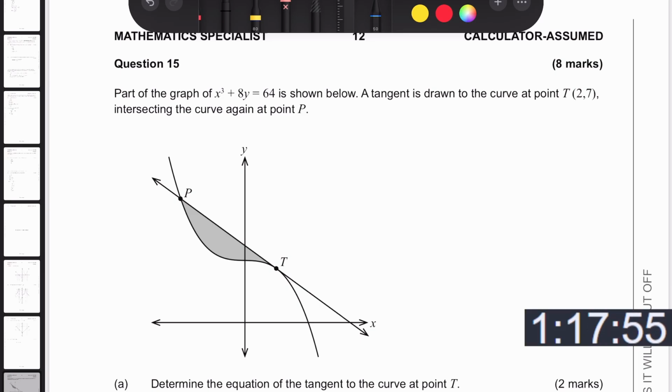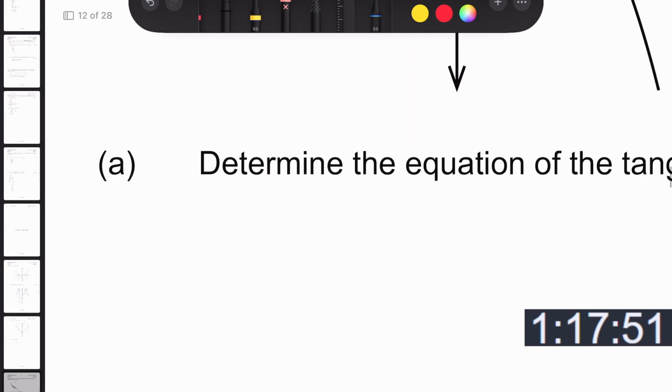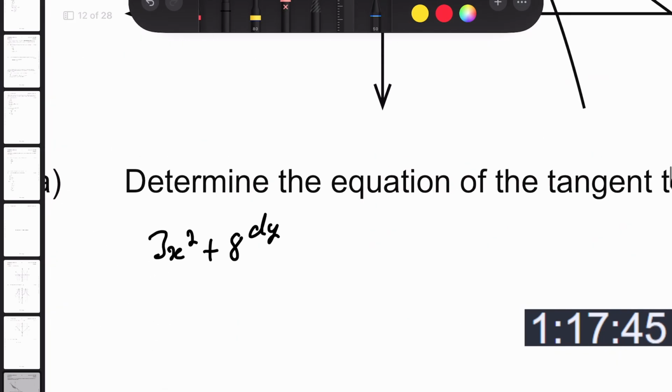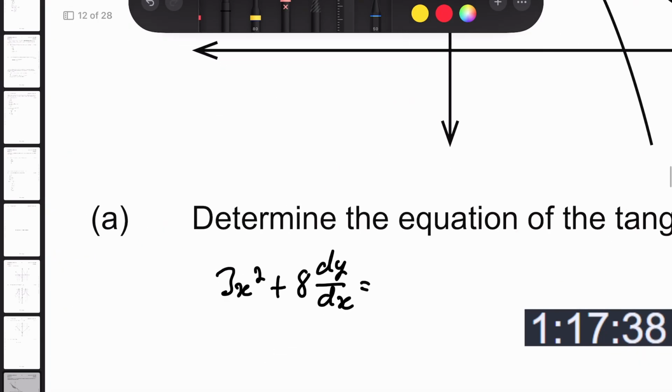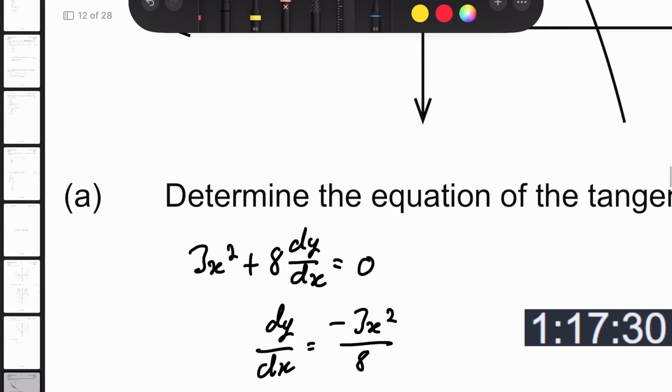Determine the equation of a tangent to the curve at point T. So let's see, we're going to have 3x squared plus 8 dy/dx equals 0. So then the derivative is going to be negative 3x squared on 8.